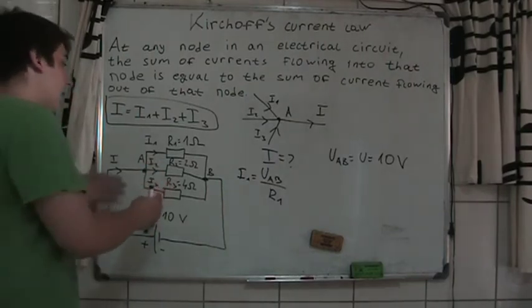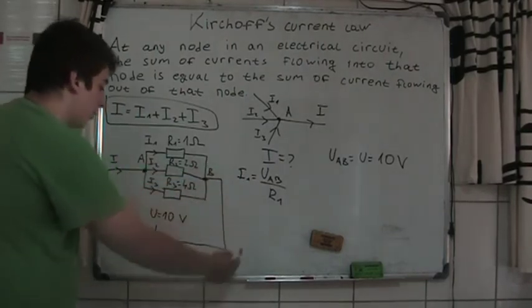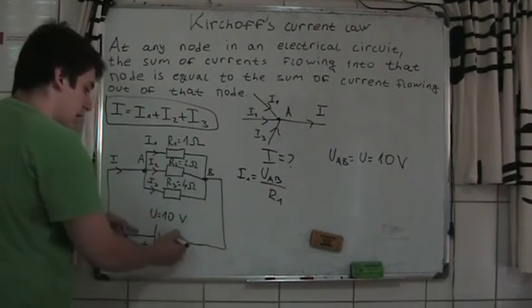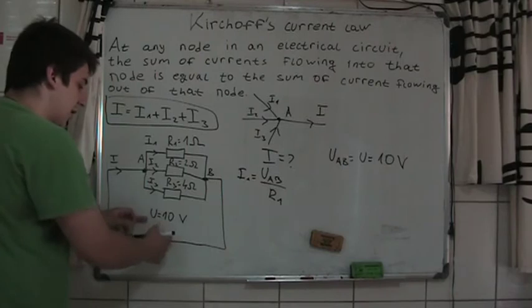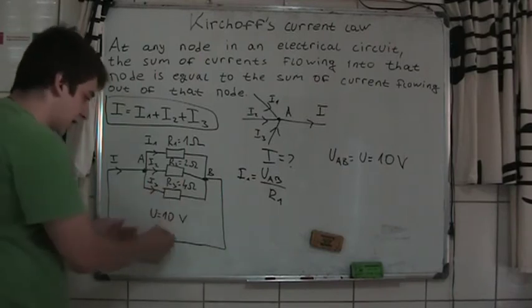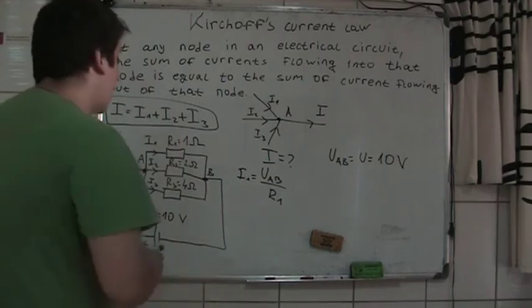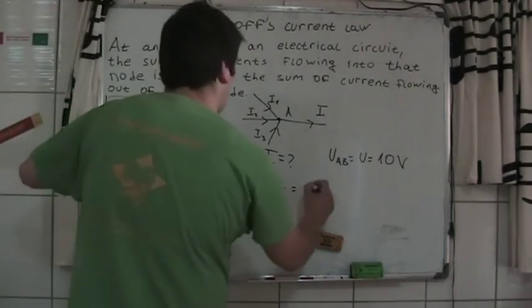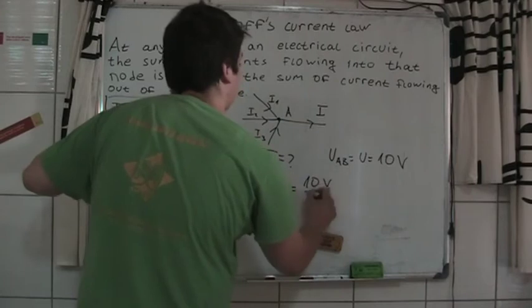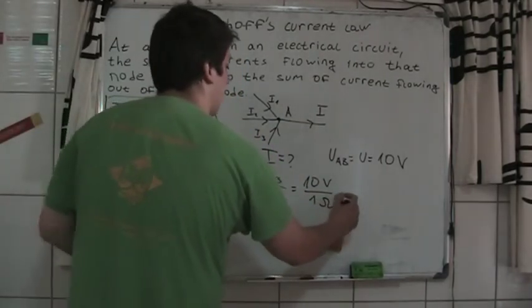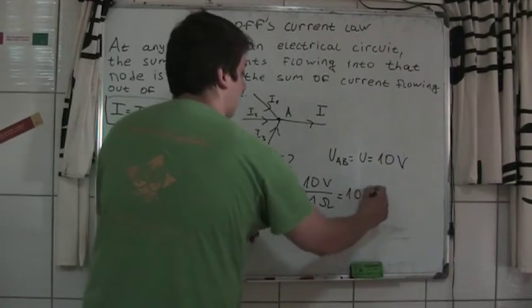But voltage looks from the lower to the higher potential, and going like this, it's the same voltage and the same direction as this voltage. So from here to here you have the same voltage. And okay, that's now 10 volts divided by 1 ohm, and that's 10 amperes.